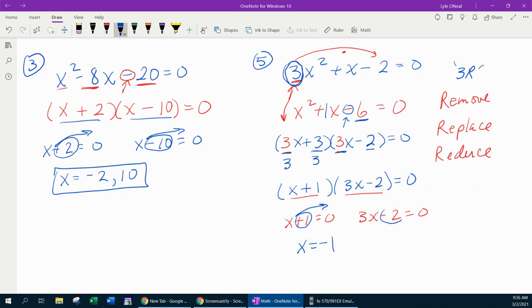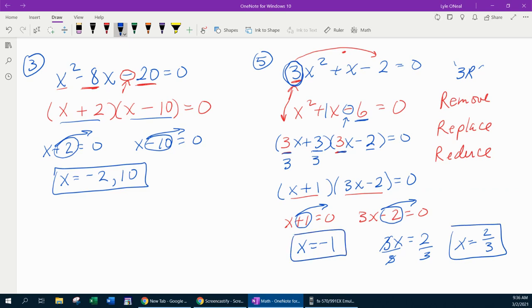For the other one, we're going to have to move the minus 2 over, which makes it a plus 2, and then divide by 3. And then we get x is 2/3. So there is another quadratic solved by factoring, illustrating my 3R method technique.